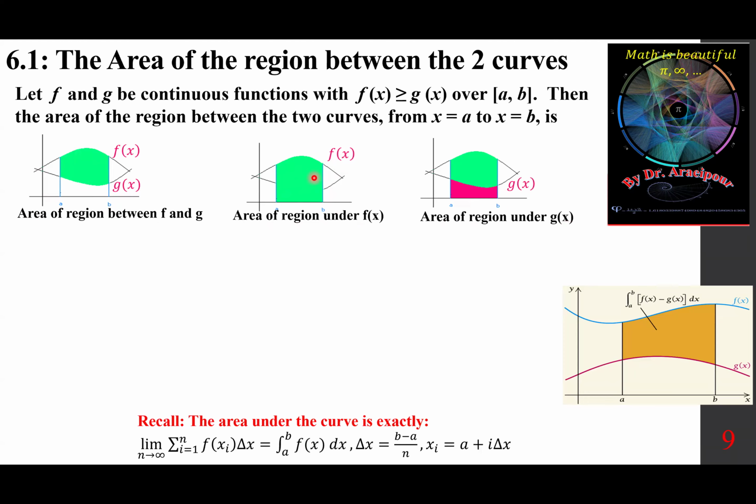So the green minus the red becomes what we want. The integral from a to b of f of x minus g of x dx is the integral from a to b of f of x dx minus the integral from a to b of g of x dx. So we use this one. So in essence, we are just showing the proof. That's how it works. Okay.